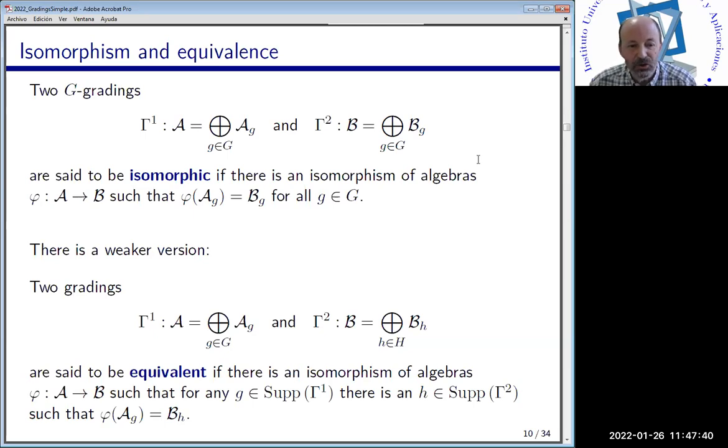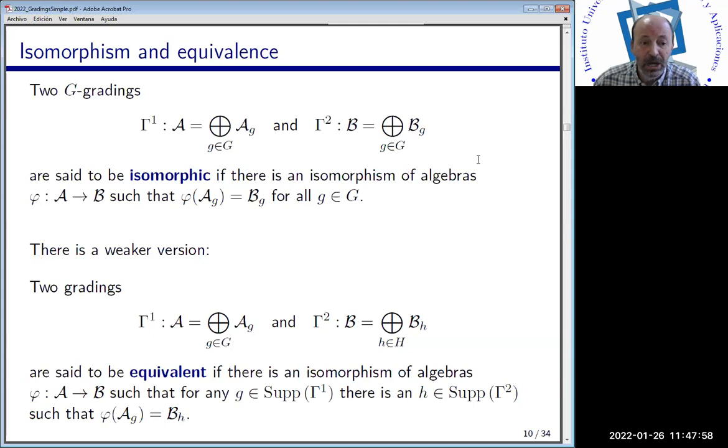So this is the notion of equivalence. And sometimes we're interested in classifying gradings up to isomorphism if the grading group is important, and otherwise the natural classification is up to equivalence. And these are the two types.